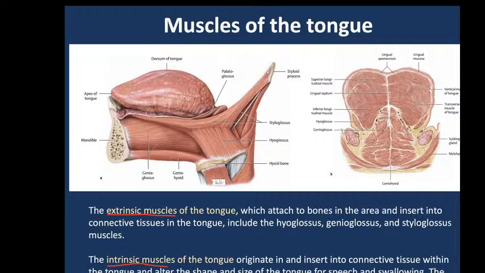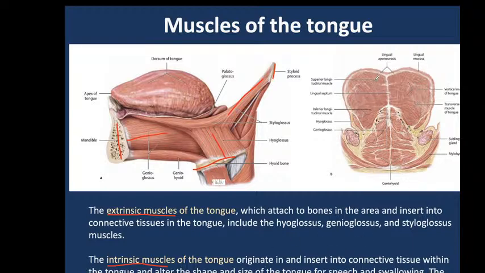They attach to the bone. It could be the styloid process, the hyoid bone, or the mandible. And all of these muscles, styloglossus, hyoglossus, and genioglossus, move the tongue in the oral cavity. But intrinsic muscles originate and insert into the connective tissue. They are located inside of the tongue.